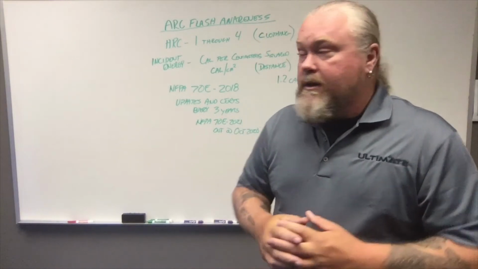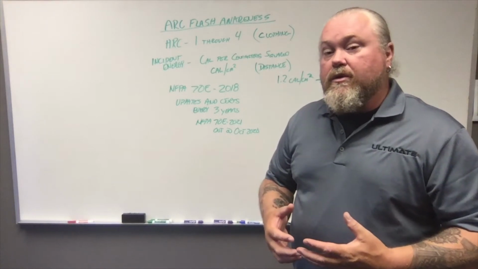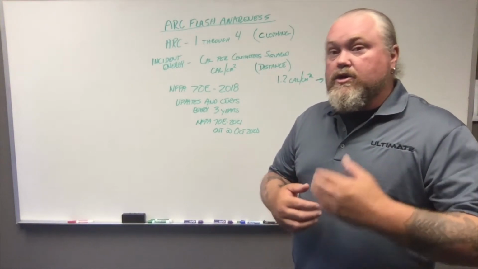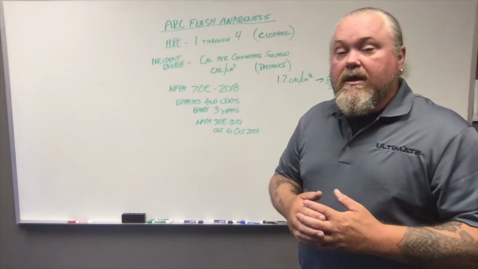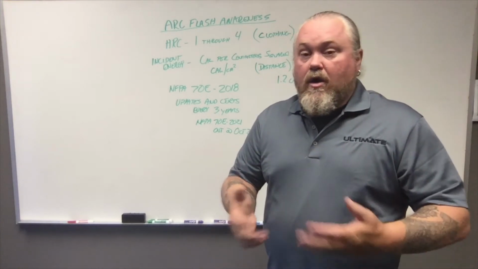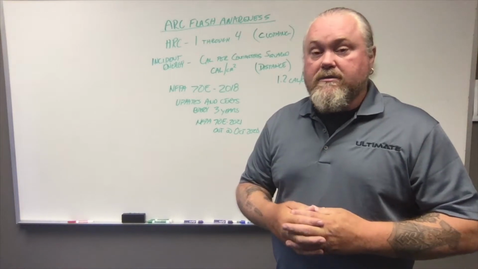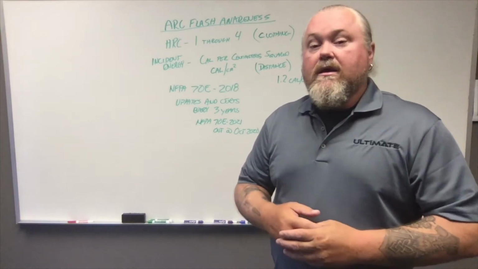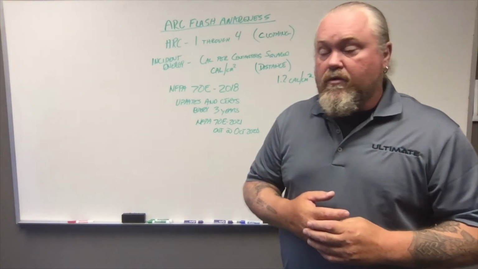Next thing we want to be worried about is our incident energy that we produce, and that is the degree of heat source, and it's measured in calories per centimeter squared. You'll see that on a lot of your tools and your protection mechanisms. It's also part of your calculation for your label systems that the engineers do for us.